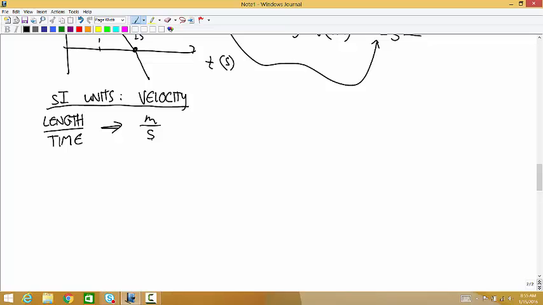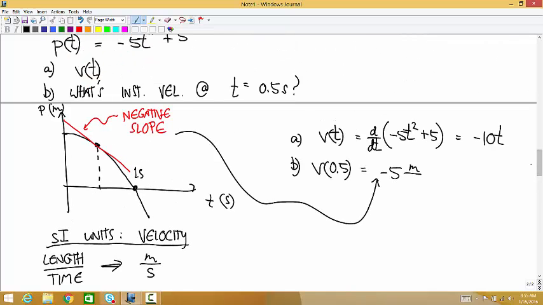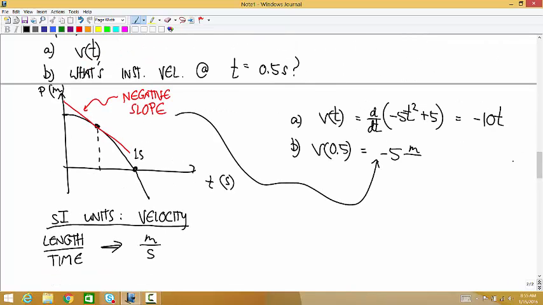So let me just describe how to physically interpret this value.